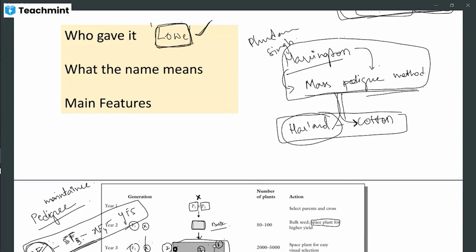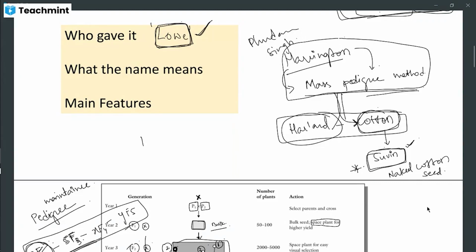One famous example of a variety produced using this method in cotton was Subin. One characteristic feature of Subin is that it has naked cotton seeds. Please remember this: the variety produced by the pedigree method in cotton is Subin.